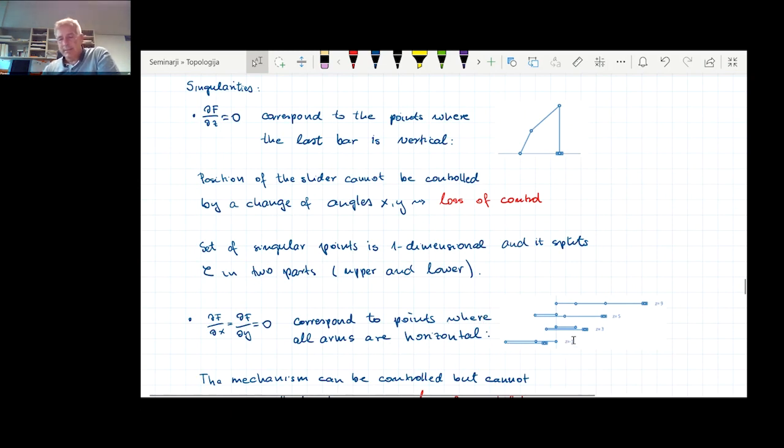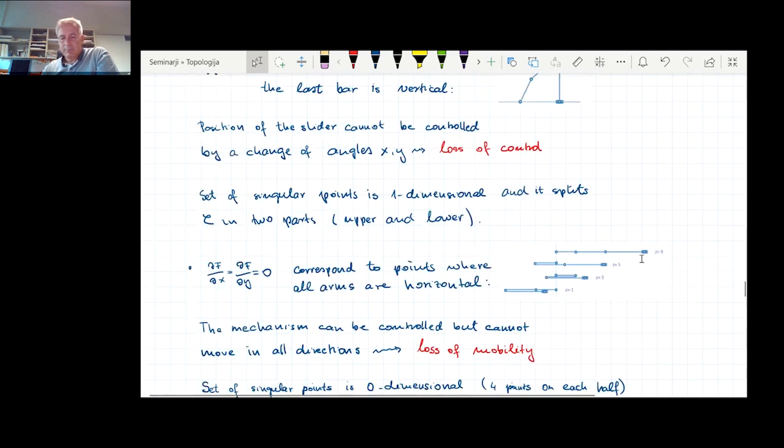So what happens here is that you can move, but not in all directions. So you can control your end effector, but for example here you cannot move it to the right, because there is no physical possibility to move it to the right, and similarly in the other positions. So you have a discrete set of 8 points, 4 on the upper half and 4 on the lower half here.